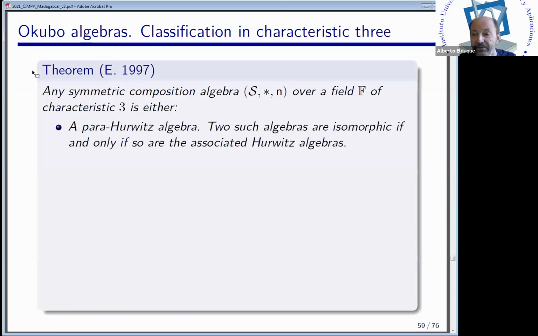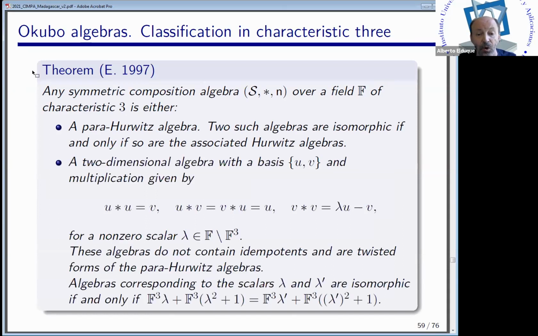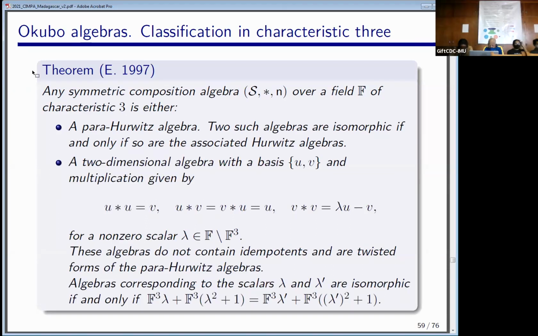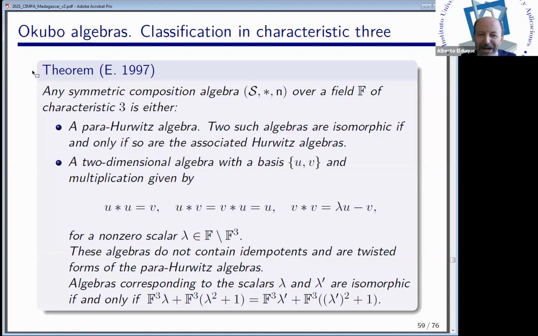So what is the classification of symmetric composition algebras over fields of characteristic 3? Well, it is certainly different from the classification in characteristic different from 3. But anyway, either we get a para-Hurwitz algebra, exactly as in other characteristics, or some two-dimensional algebras that are not para-Hurwitz, but become para-Hurwitz after scalar extension.